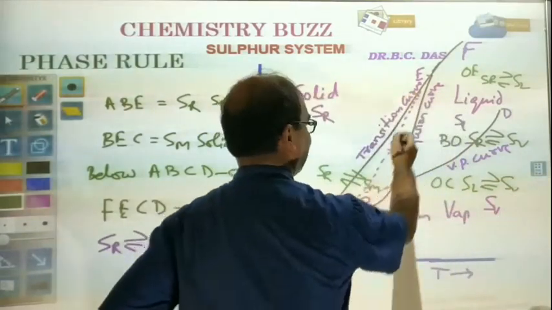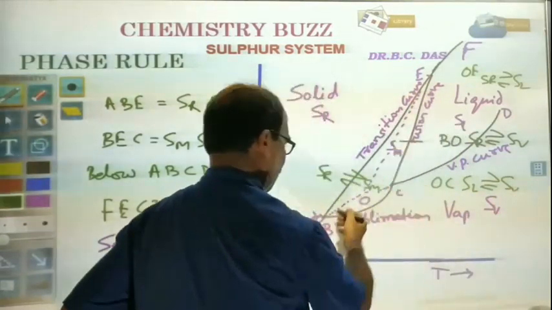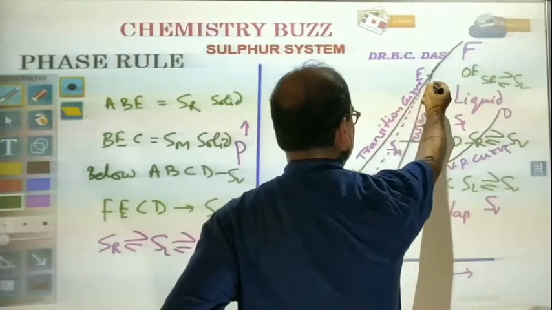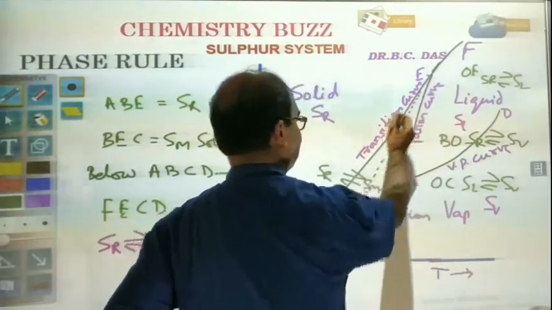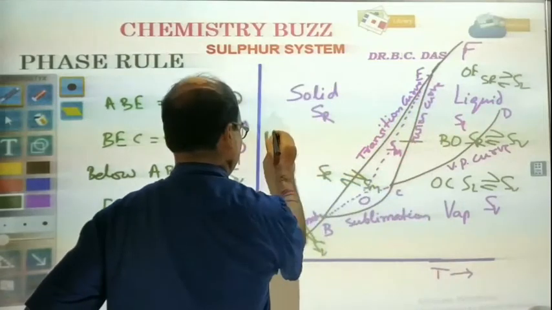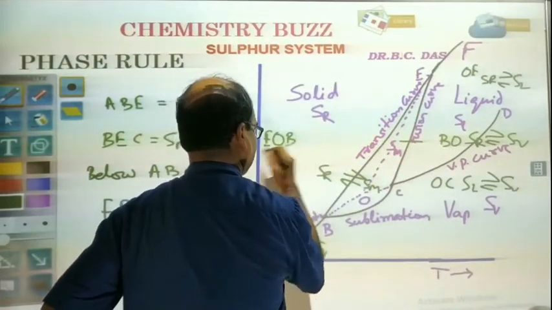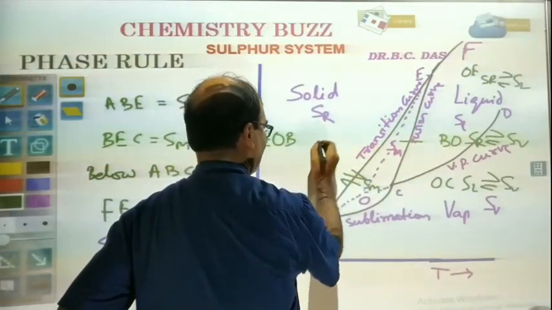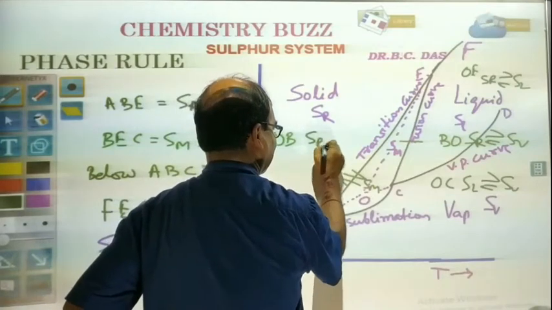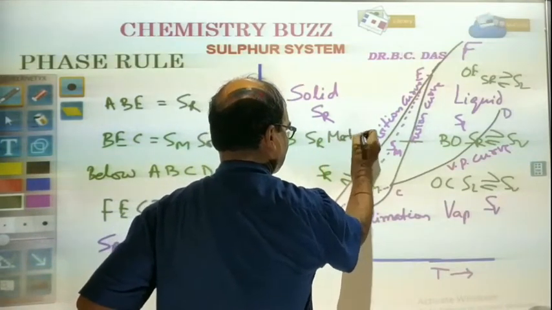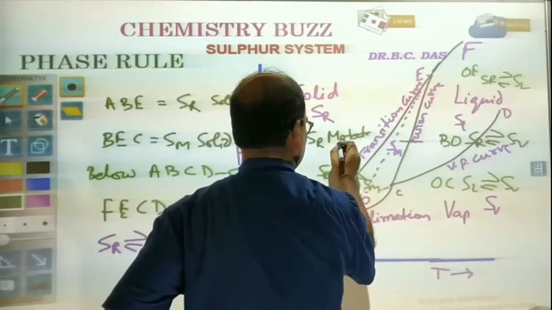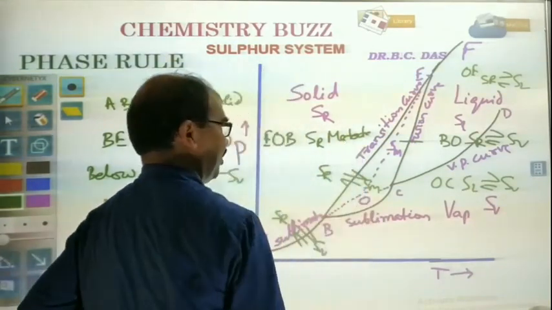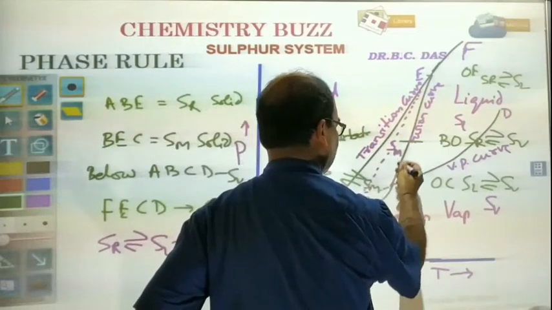Okay, so these are all metastable curves, and the region EOB is the solid rhombic metastable portion.